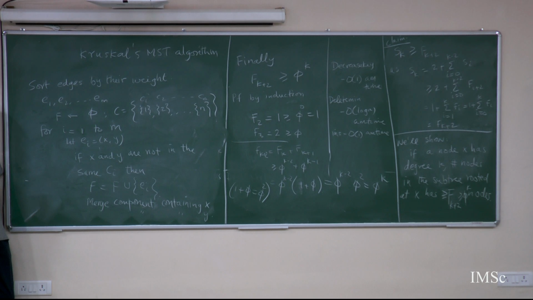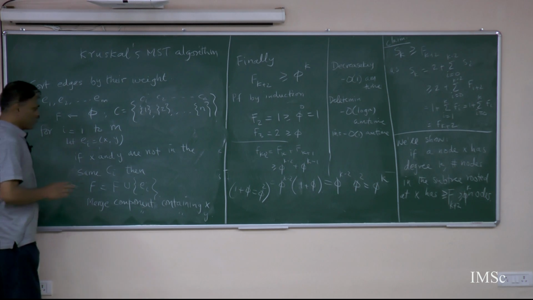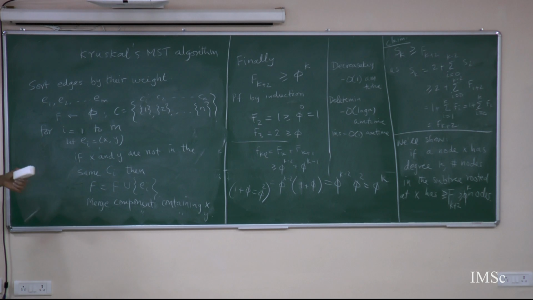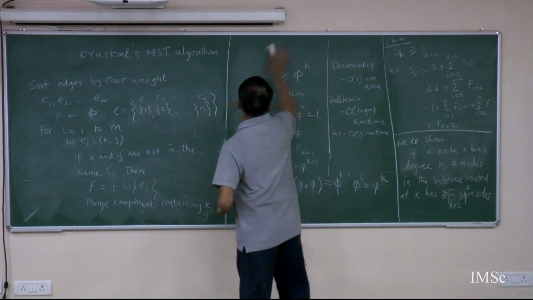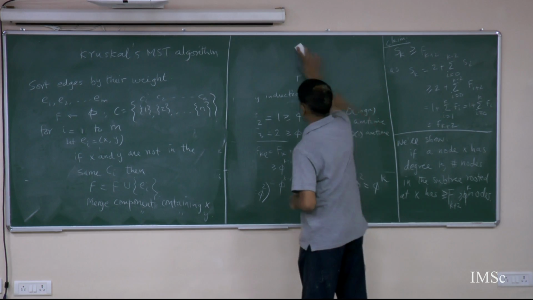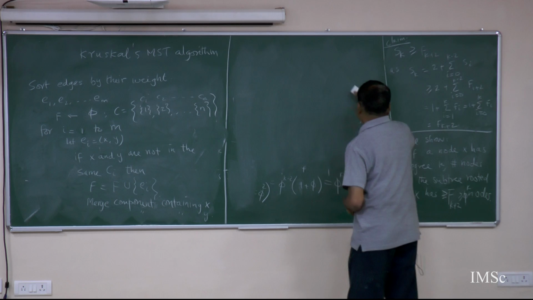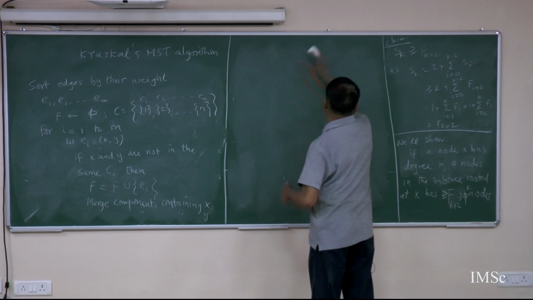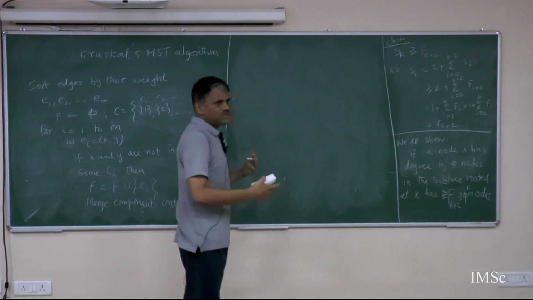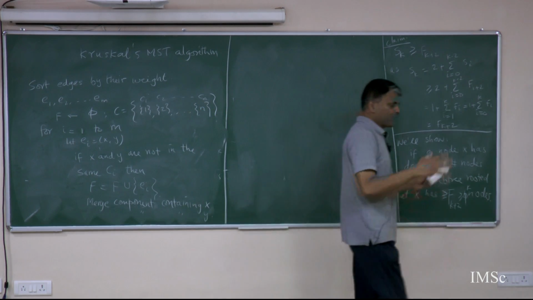So now let's see what the data structure problem is. Let's write it down. The data structure problem is typically that you want to maintain some set of objects and support some set of queries.